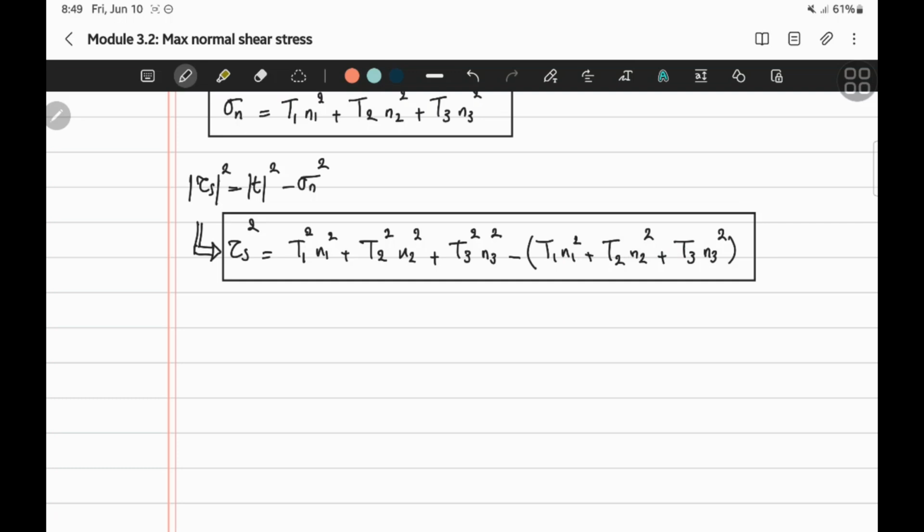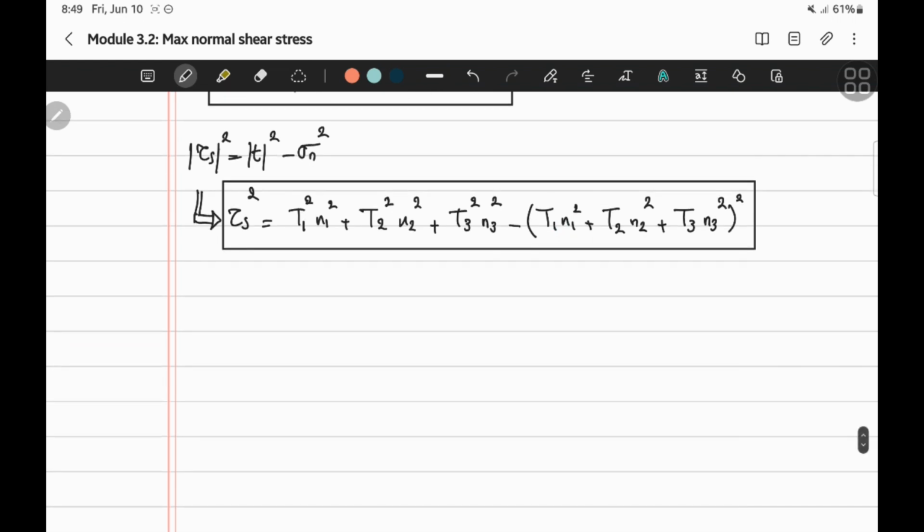So basically, if you look at these squared powers in here, you see that by equating n1 equal to 1, n2 0, and n3 0, then you get T1 squared minus T1 squared whole squared, so this becomes 0.